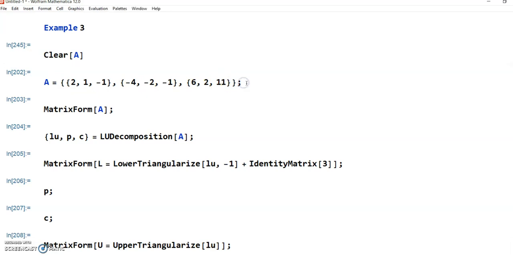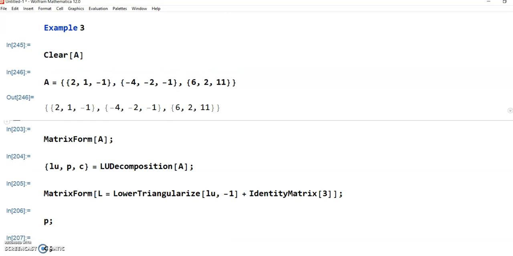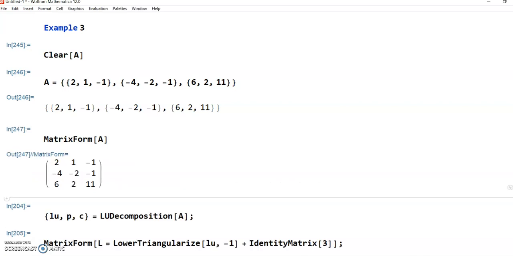So now I have defined this matrix A to be a 3 by 3 matrix. To make it more clear, this will be its matrix form. Okay, 2, 1, -1, 4, -2, -4, -2, -1, 6, 2, 11.